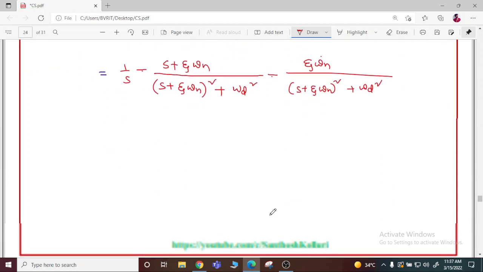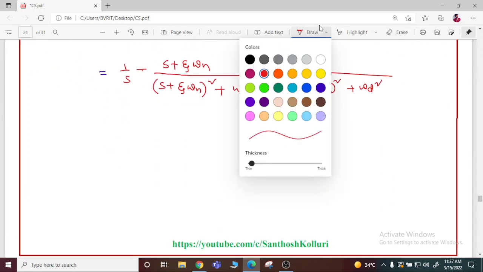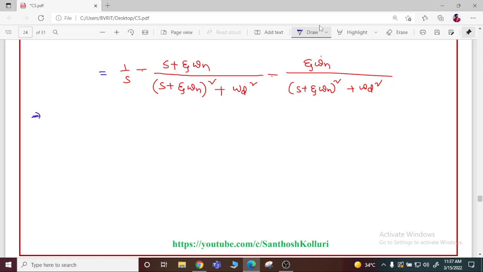Now for this equation, let us multiply and divide omega d in the third term of the above equation.